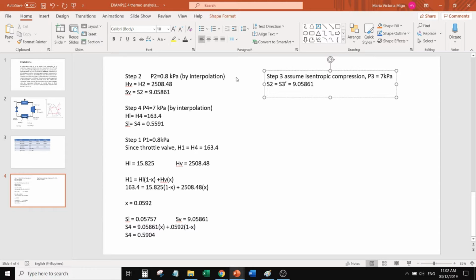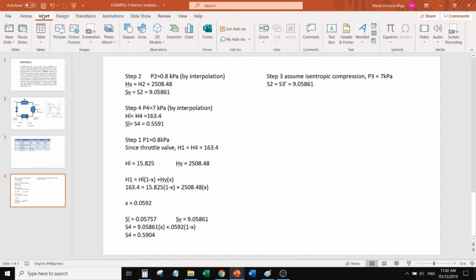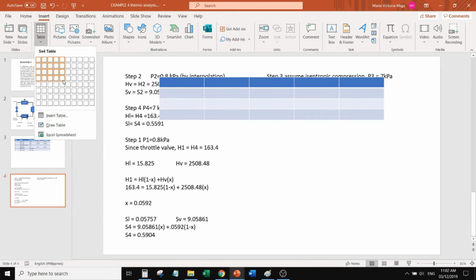So we need two properties. We have the pressure and we have the assumed isentropic entropy. So we have two properties. From the steam table, you will see something like this, because you need to interpolate again.